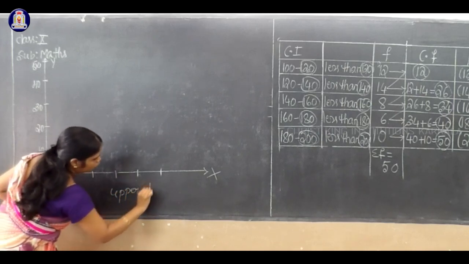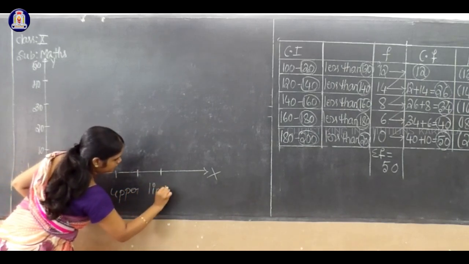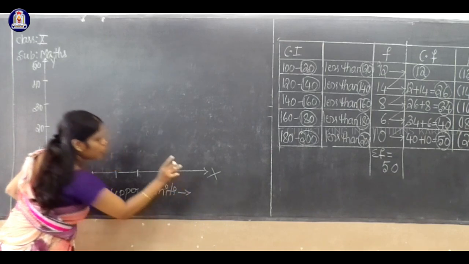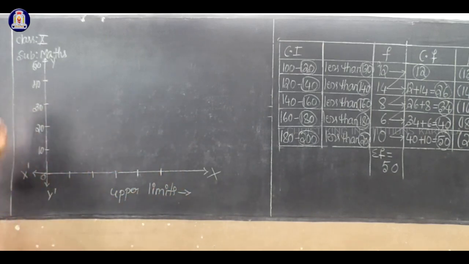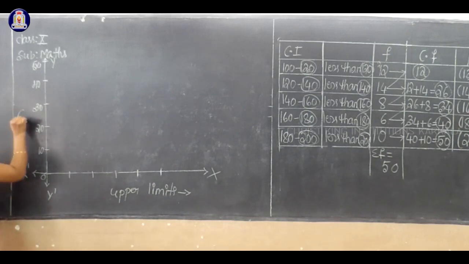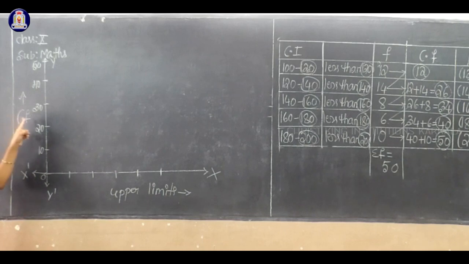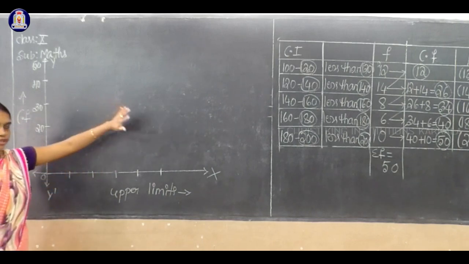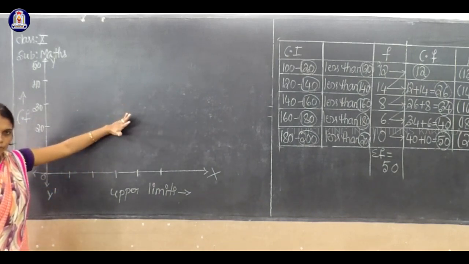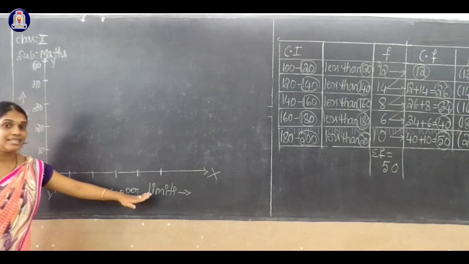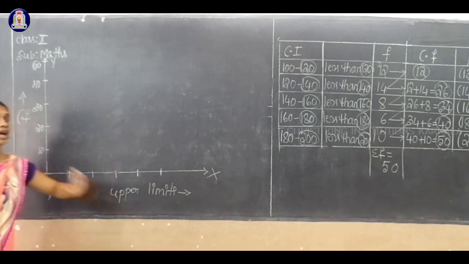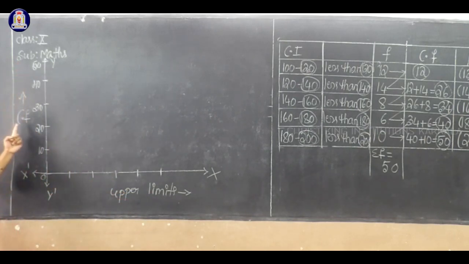Along the y-axis I will consider cumulative frequency. Since it is a less than type ogive, along the x-axis I consider the upper limit and along the y-axis the cumulative frequency. C.F. is nothing but cumulative frequency.